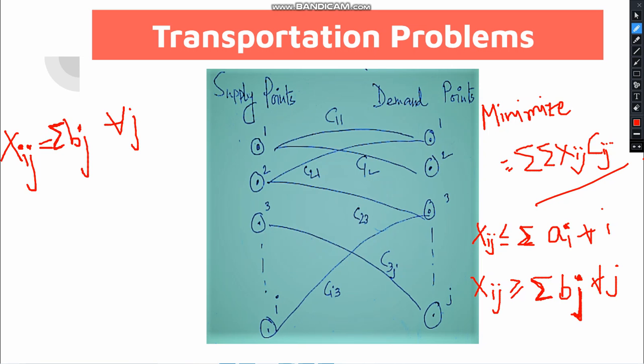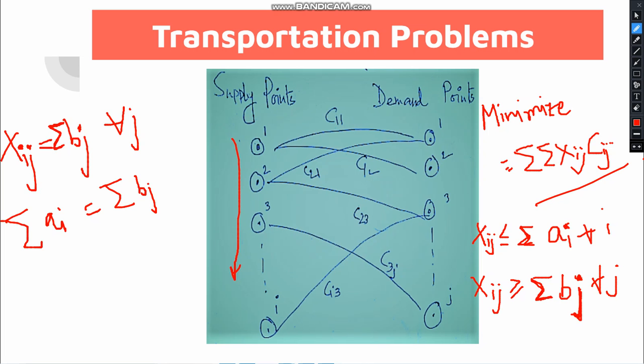The company is never going to transport more than the demand. Now if the availability, the summation of Ai, is exactly equal to the demand, then the problem changes a little bit.